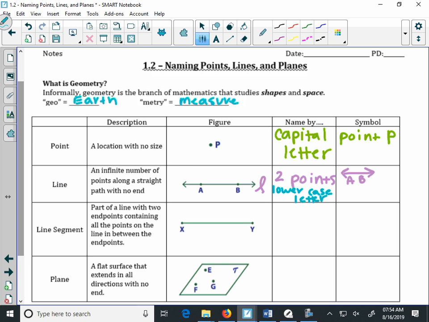To name it by the lowercase letter, all you have to do is write the word line, and then put the lowercase letter, line L. You could say line AB, or you could say line L. Line AB or line L is how you can name it.